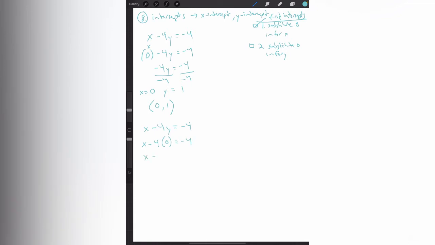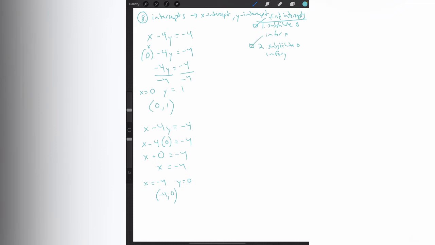So x plus 0 is equal to negative 4. That gives you x is equal to negative 4. So remember, the y value was 0, and x is equal to negative 4. So my point here would be (-4, 0).